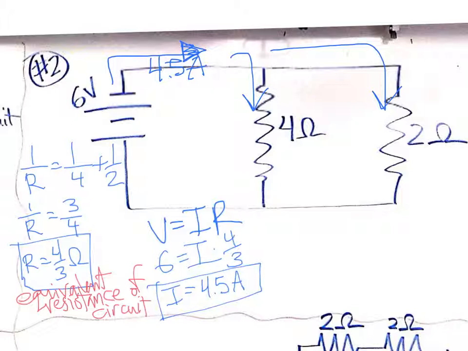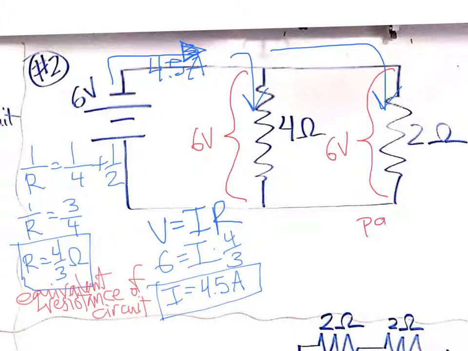The other thing about a parallel circuit is that this 6 volts is applied to this resistor and applied to this resistor. So this is how this is different from what we just did previously. The voltage across this resistor is 6 volts. The voltage across this resistor is 6 volts. So before we actually solve, I'm going to try to summarize here.